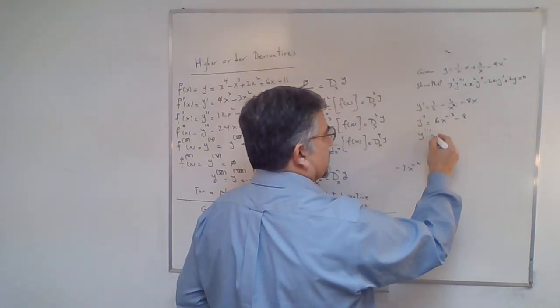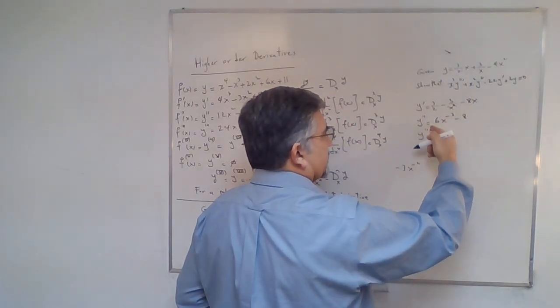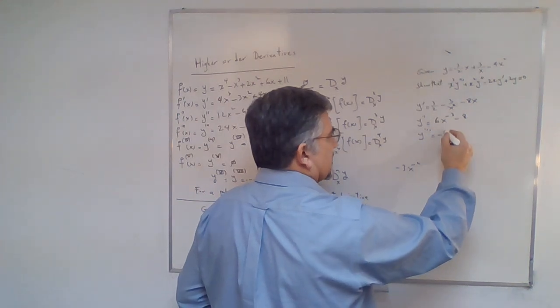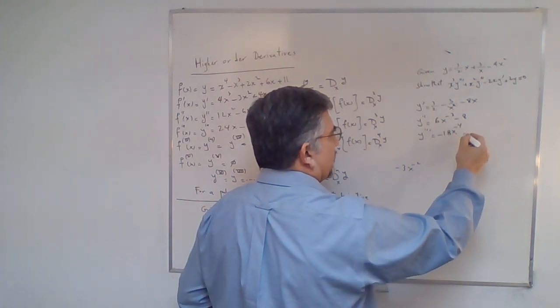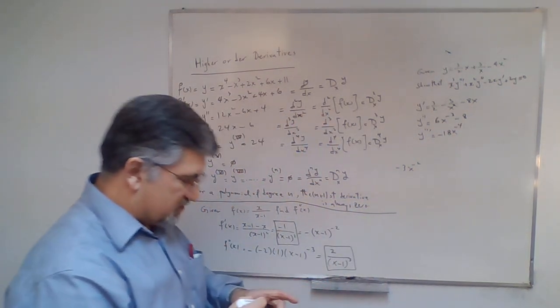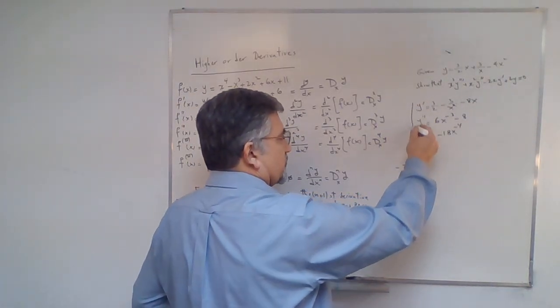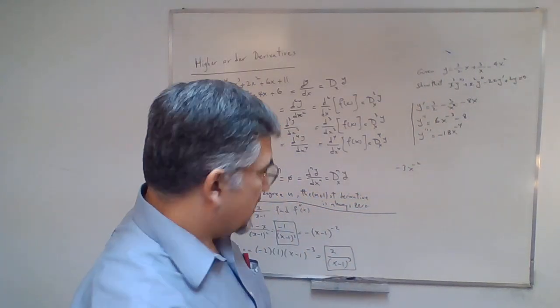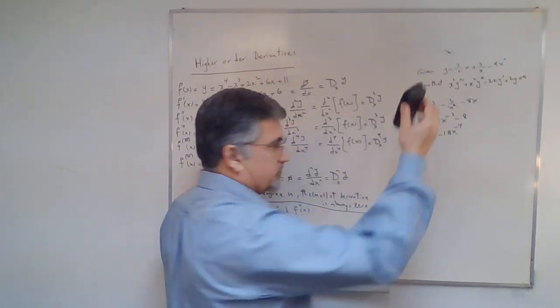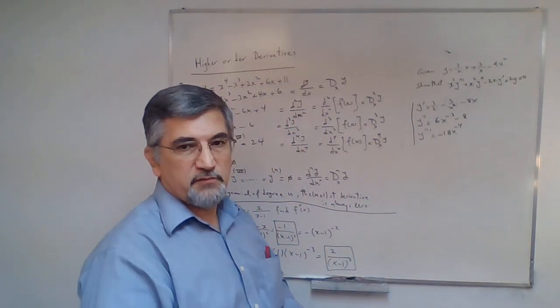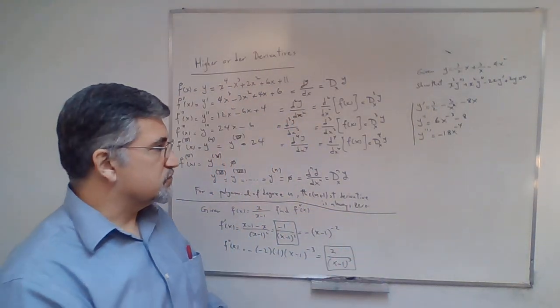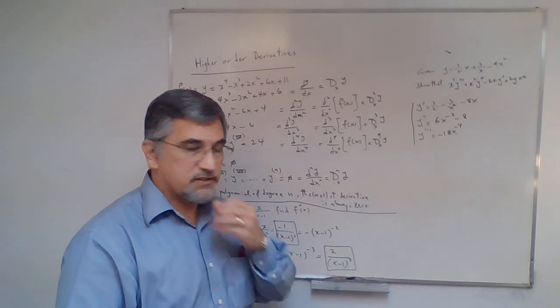And the third derivative would be negative 3 times 6, negative 18x to the negative 4, and that is 8. So these are the higher order derivatives, and I didn't explain how you find them because I believe you know the basic differentiation rules. Otherwise, you wouldn't be watching this lecture.